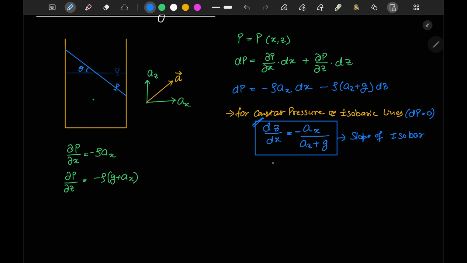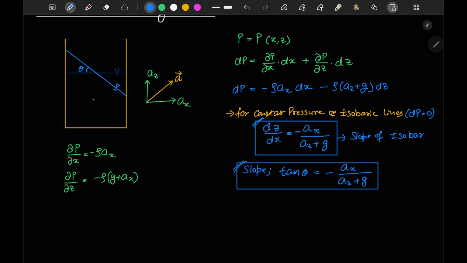So from here I can write that tan theta is equal to the slope of the free surface, or any constant pressure surface, which is equal to minus ax upon az plus g. Okay, this is your slope.